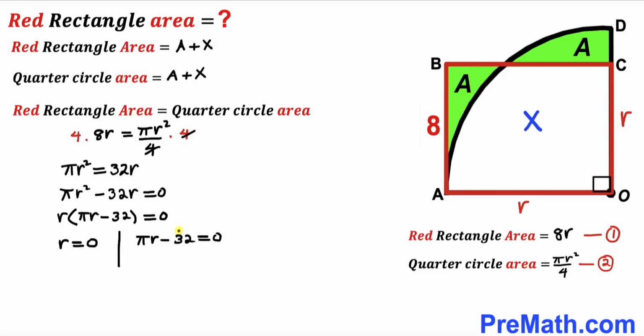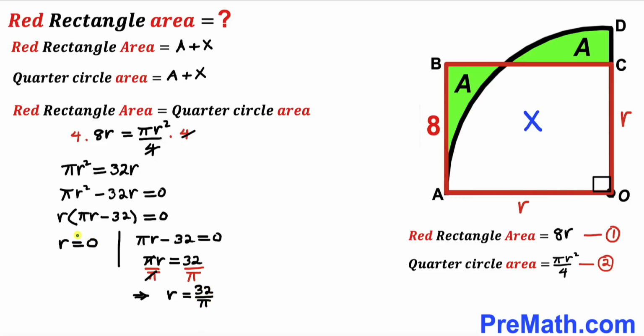Now we move this 32 to the right hand side, so we get pi times r equals 32. Now we divide both sides by pi to isolate r, so pi and pi are gone. Therefore our radius lowercase r is equal to 32 divided by pi.